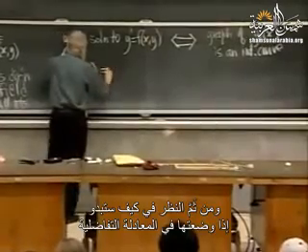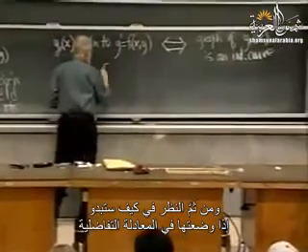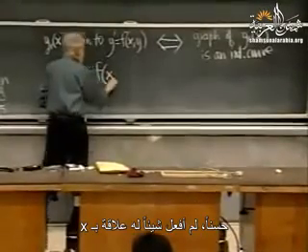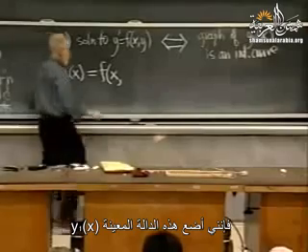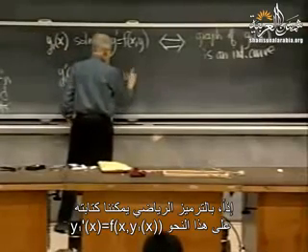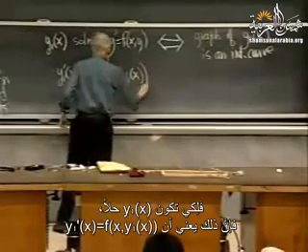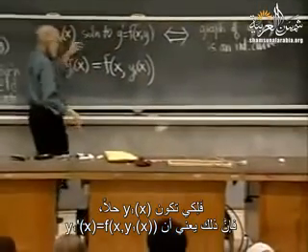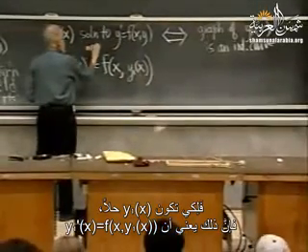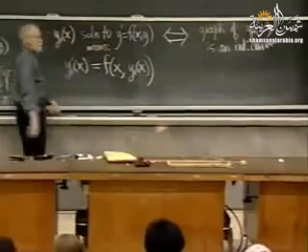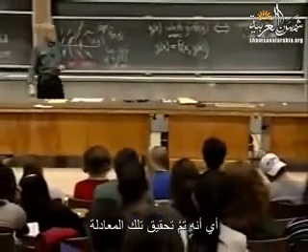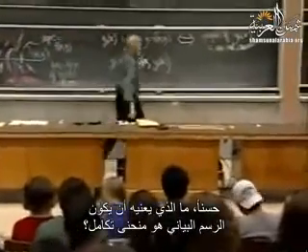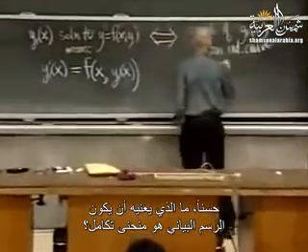And then, I don't do anything to the x, but wherever I see y, I plug in this particular function. So in notation, that would be written this way. So for this to be a solution means this equation is satisfied.